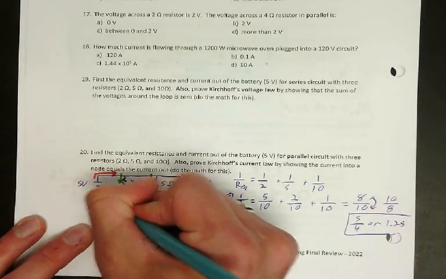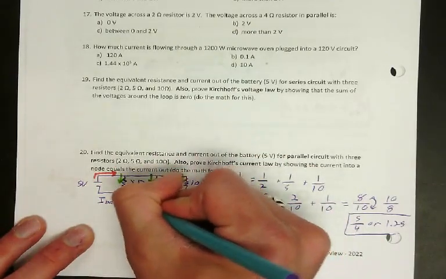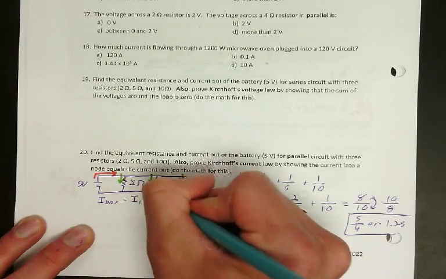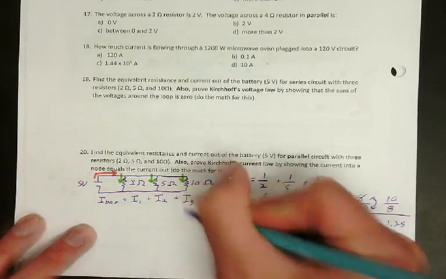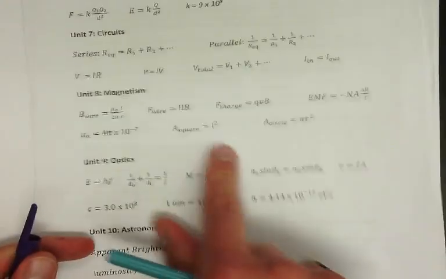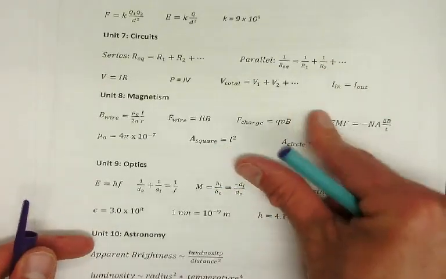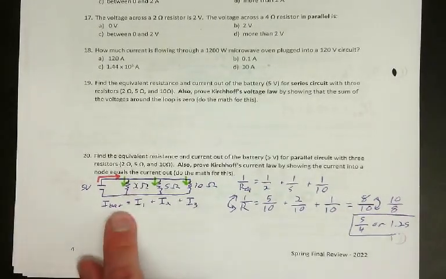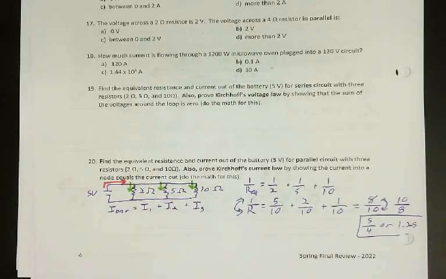I battery equals I for resistor 1 plus I for resistor 2 plus I for resistor 3. And if you're wondering why I'm doing it that way, I'm looking at my equations, and here it is. Kirchhoff's current law, I in equals I out. So the in is the battery, the out is the resistors.